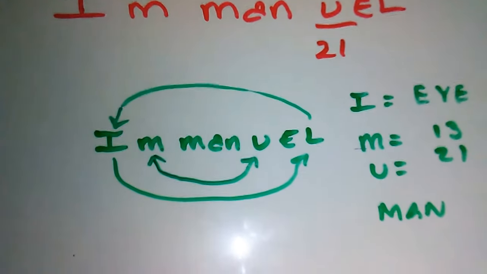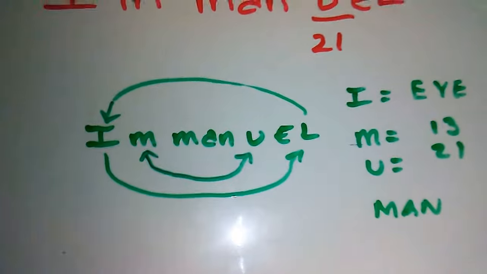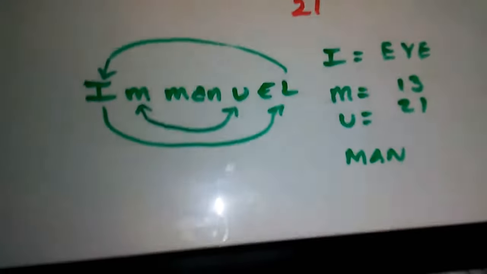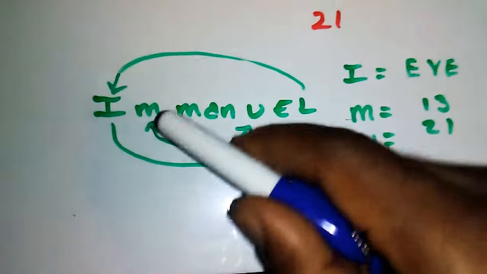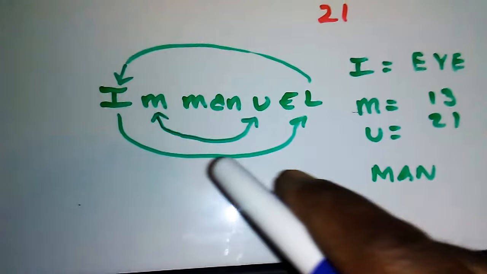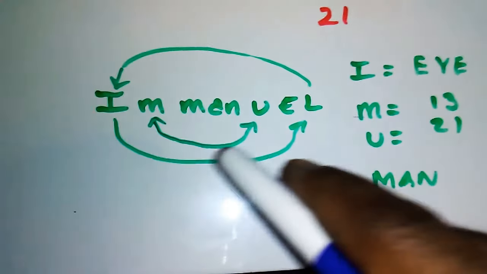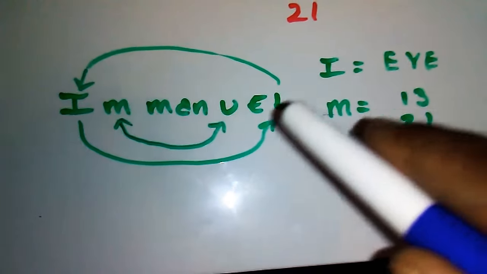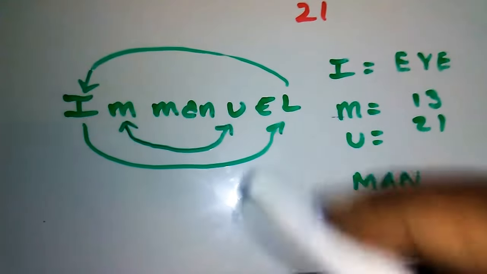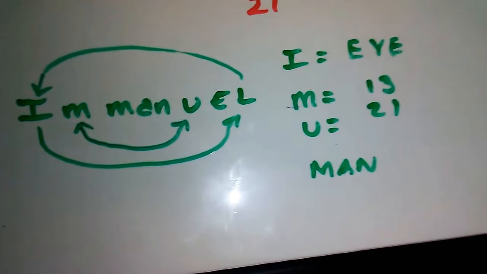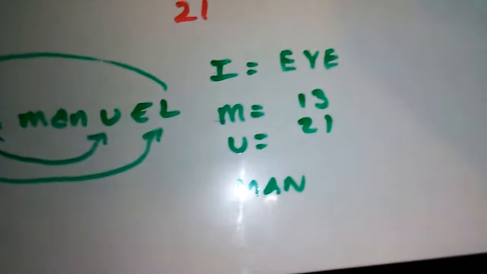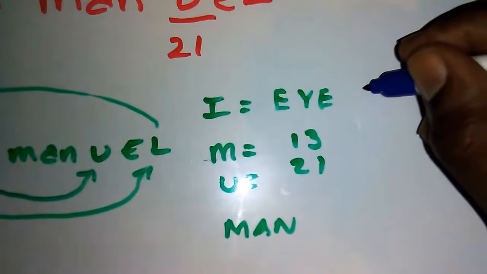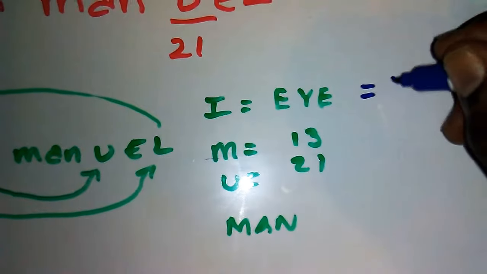That in the name Emmanuel, you will see, even in the circle, I am. I am. And I am is also saying I as in I am.